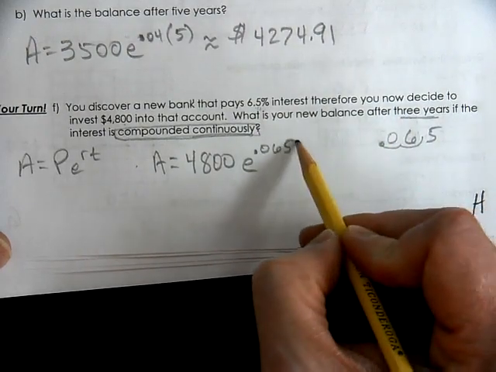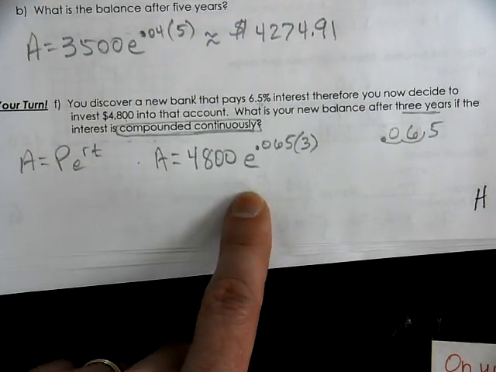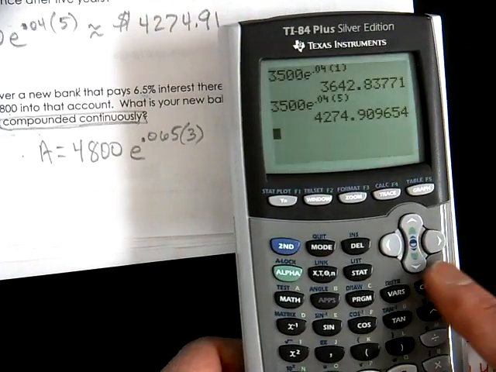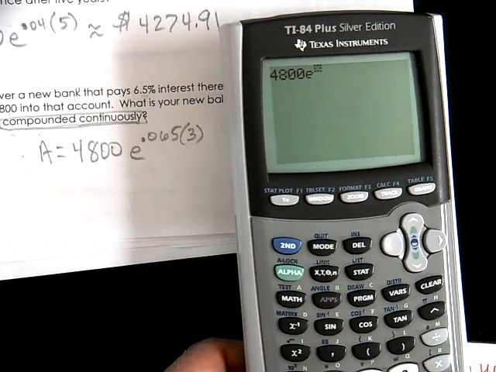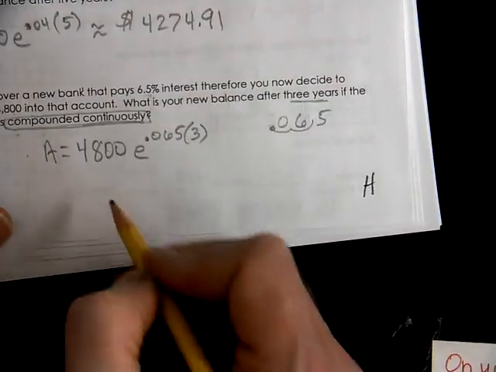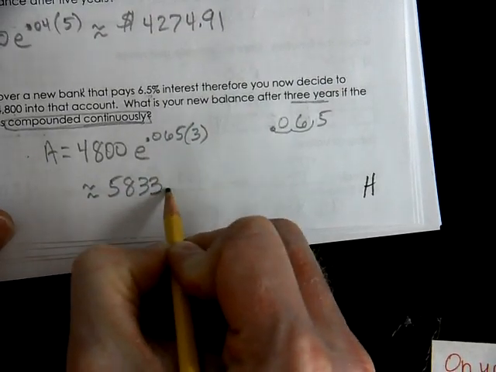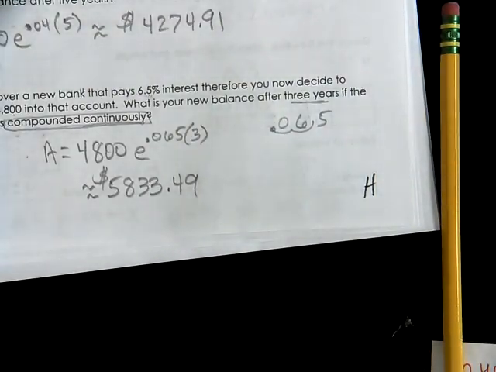And we're doing this for 3 years. So you need to write that down, not just an answer. Got to show some work. So 4,800 e to the 0.065 times 3. 5,833.49, that's approximately. These are dollars. Good job.